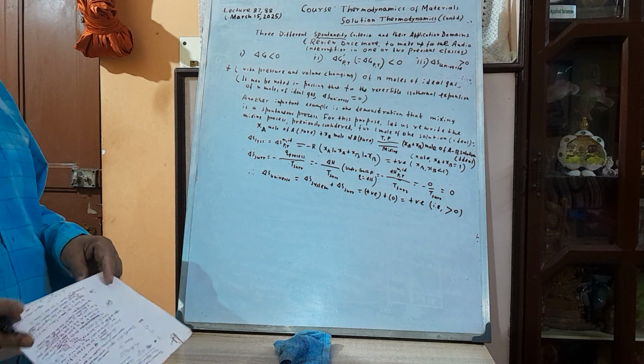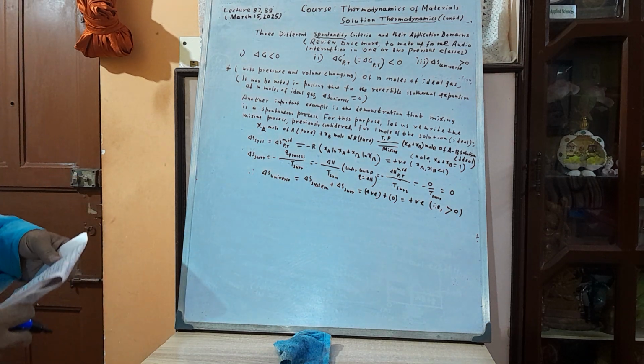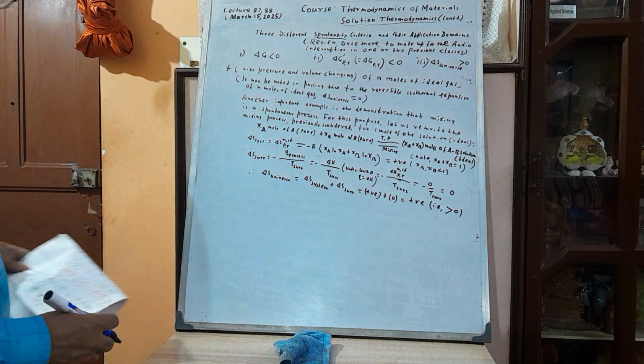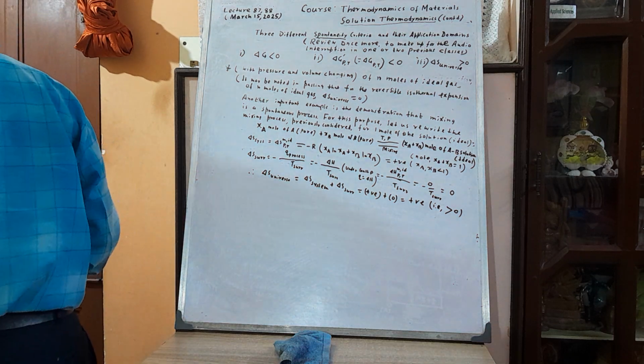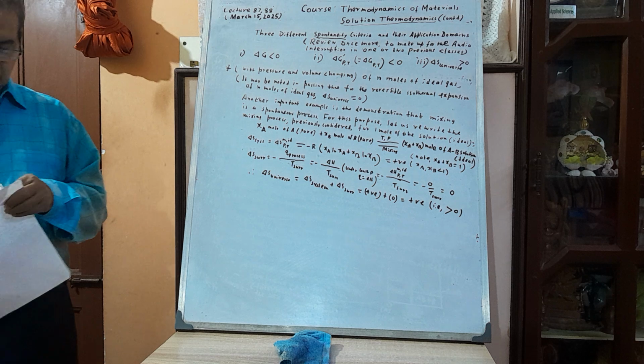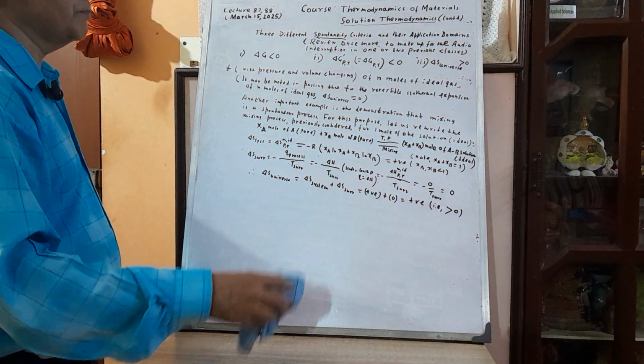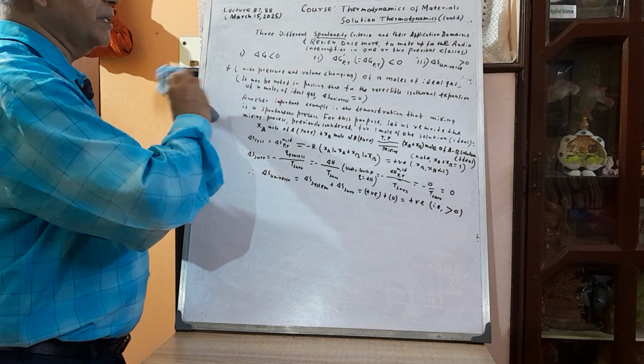Covered and exhausted, and I hope you will have no problem. Just go through this and check if you have any difficulties, and in that case I will discuss this once more. Next, we now have the time to quit this part, the mixing property.